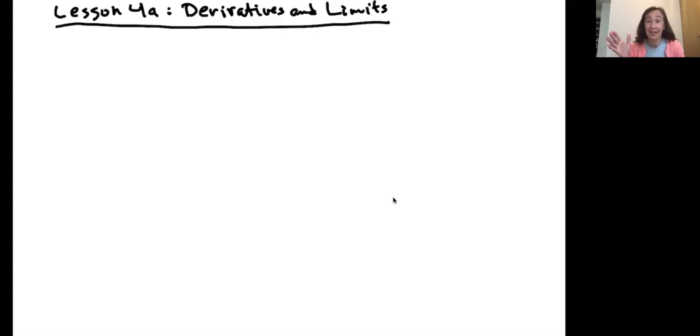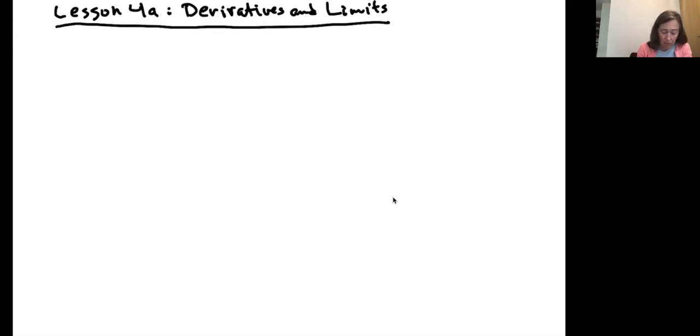So here we are at our first of several units on calculus. And the project in this unit and the ones that are following is to come up with an analog or a generalization of the idea of a slope that will extend to functions that aren't linear.